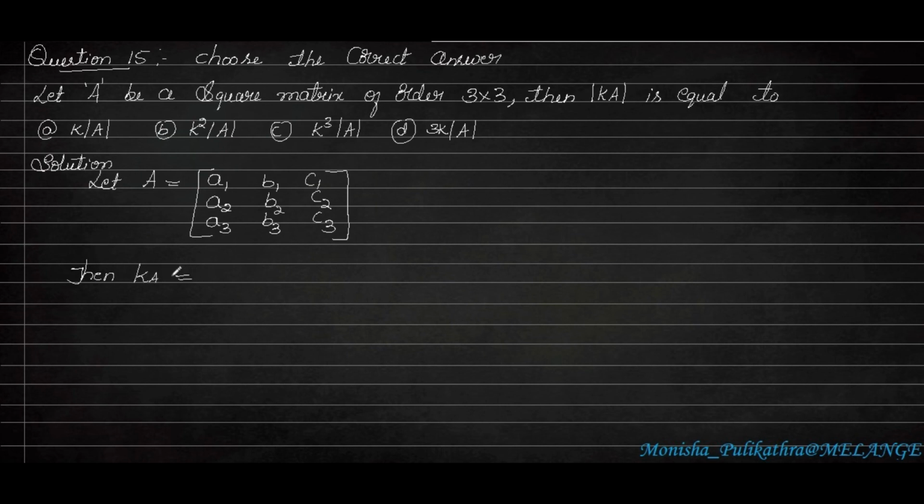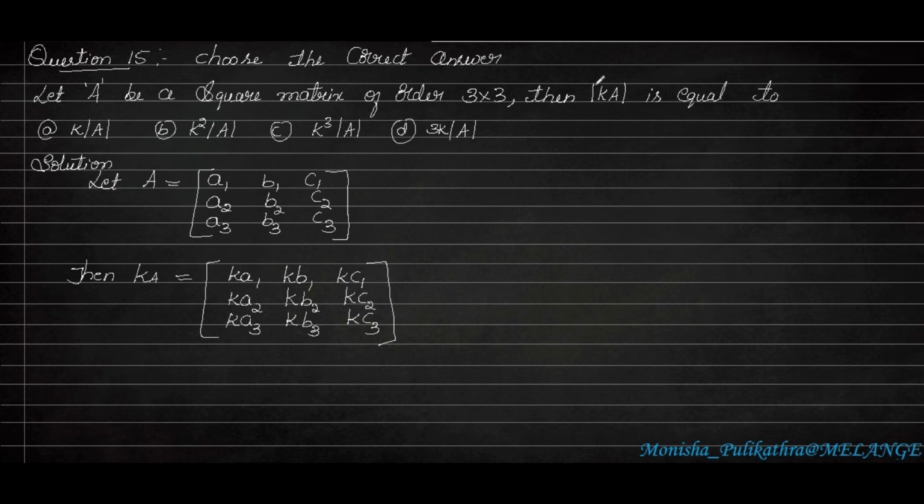When we multiply k with A, it will become ka1, kb1, kc1, and here ka2, kb2, kc2, next ka3, kb3 and kc3. This is the matrix we got after multiplying with k.